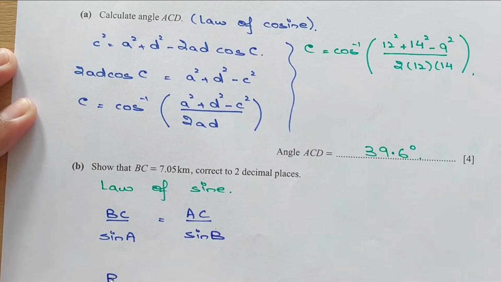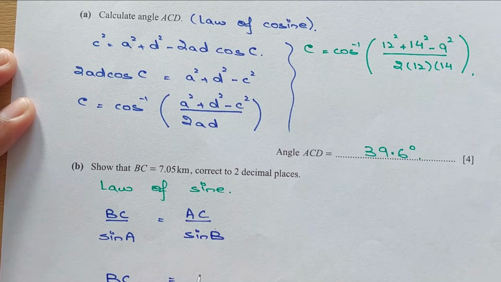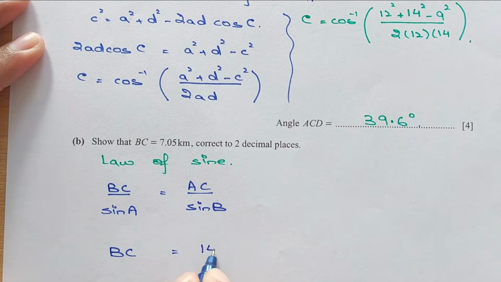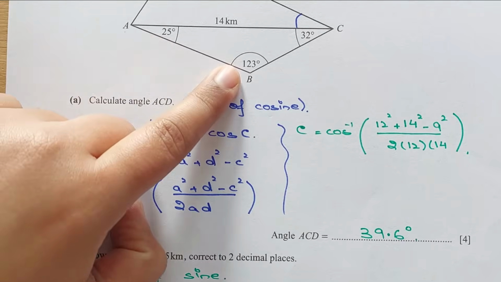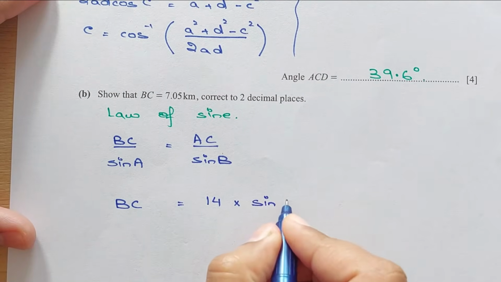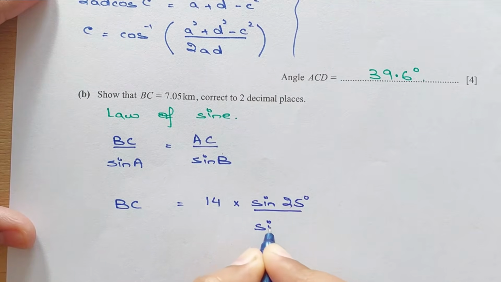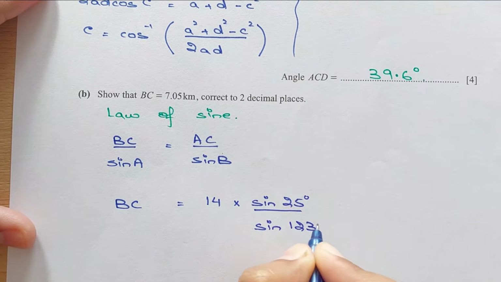Right. So BC equals AC. We have the side AC is 14 kilometers. This is 14 times, by cross multiplication, sine of angle A. Angle A we have been given is 25 degrees, divided by sine of angle B, which is 123 degrees.